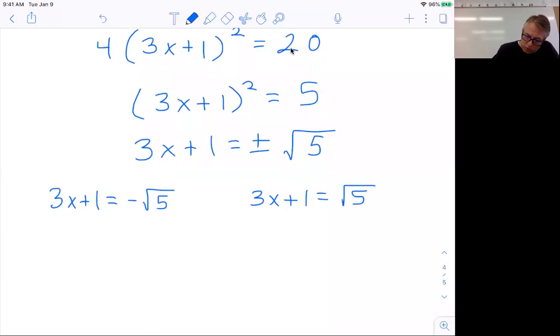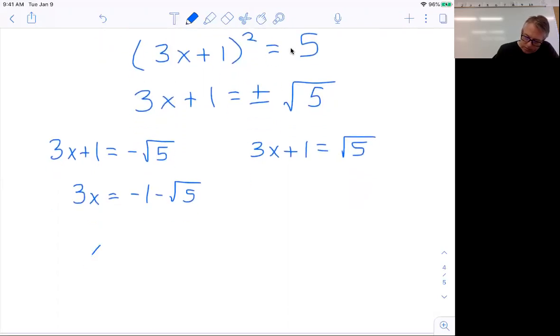So if I subtract 1 from both sides, I have 3x is equal to negative 1 minus root 5. Or x is equal to negative 1 minus root 5 over 3. And yes, that is our answer, one of our answers.